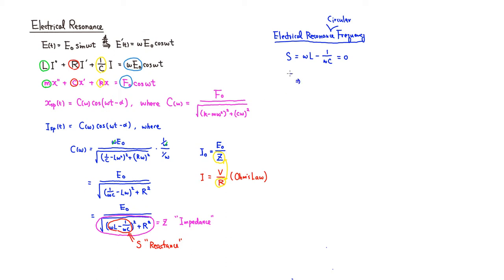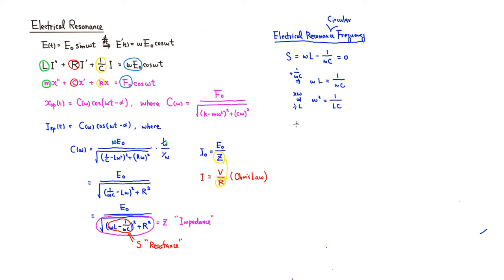I'm going to add 1 over omega C. You get omega L is equal to 1 over omega C. Then I'm going to multiply by omega and divide by L. So you have omega squared is equal to 1 over LC.